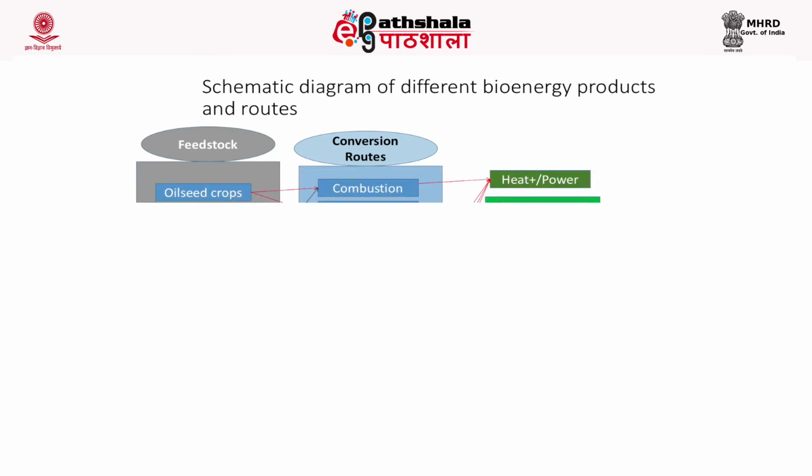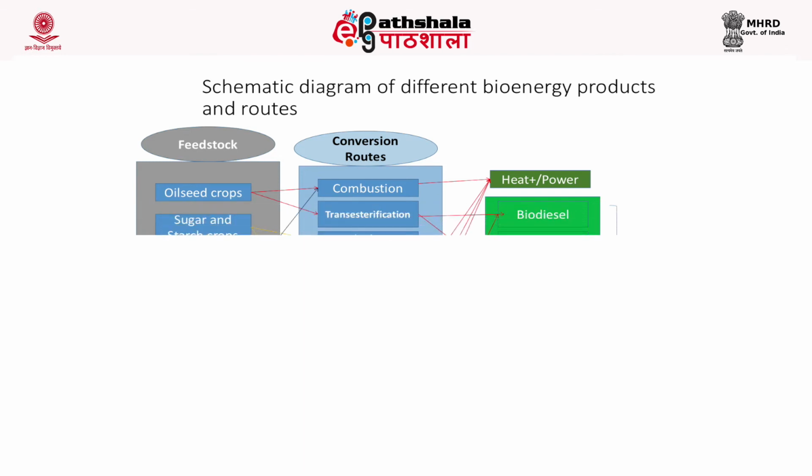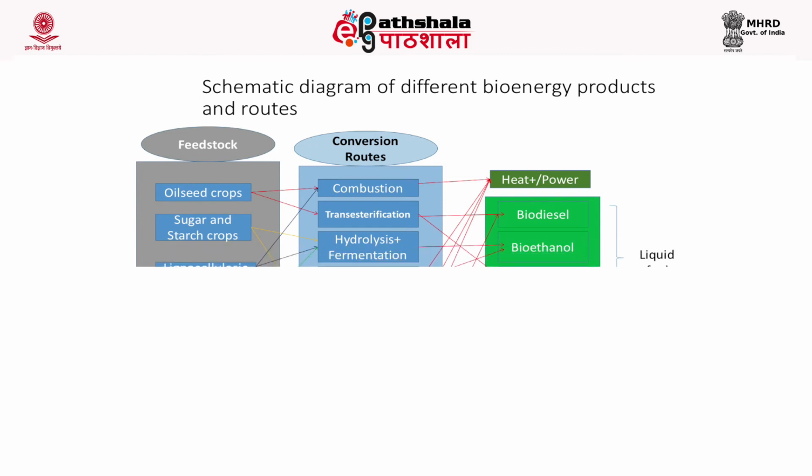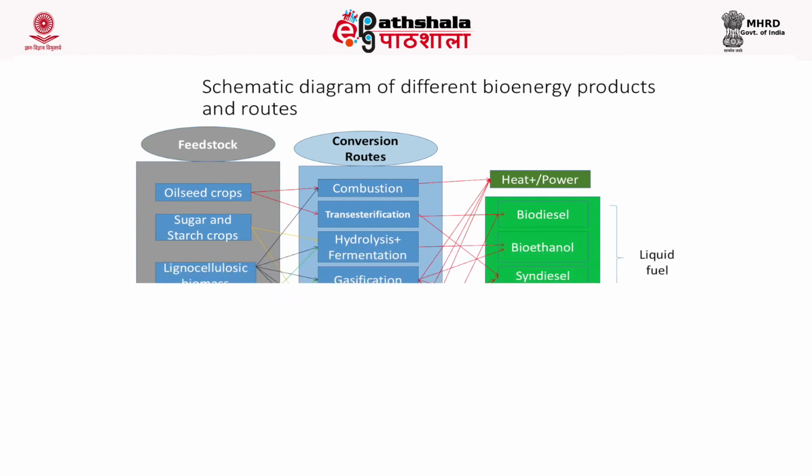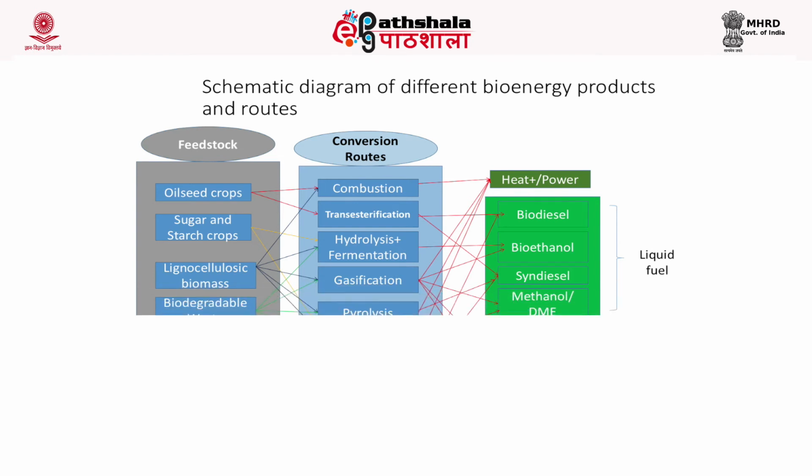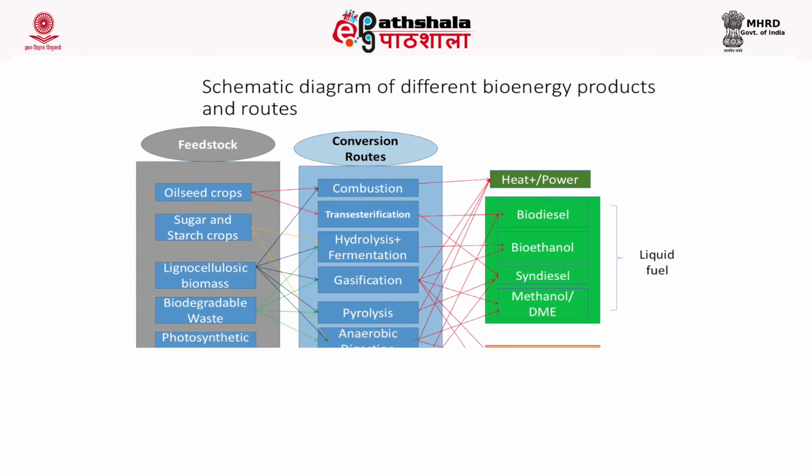This is a schematic diagram of different bioenergy products and its routes. Oilseed crops can be converted by combustion or transesterification. In combustion, it produces heat and power, while in transesterification, it produces biodiesel and syndiesel.